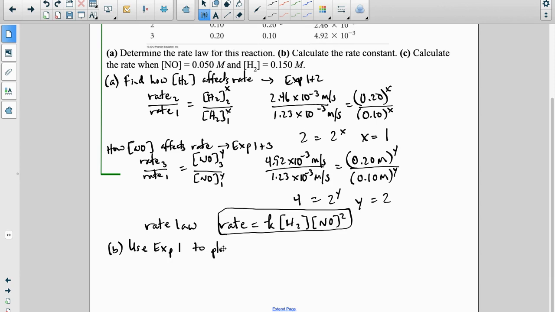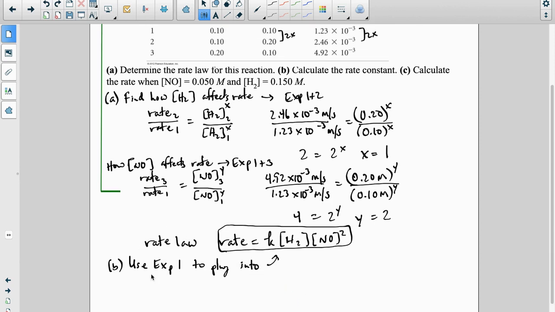to plug in to this. Okay, so if we take a look here, we can put in for the rate 1.23 times 10 to the minus 3 molarity per second equals k times my value of H2 for experiment 1, which is 0.1 molar.